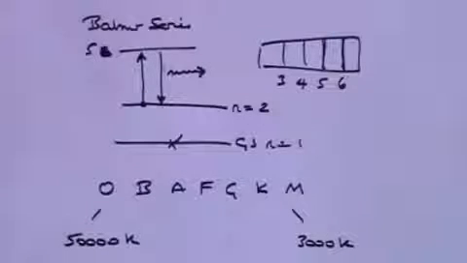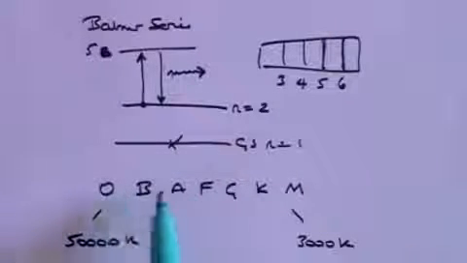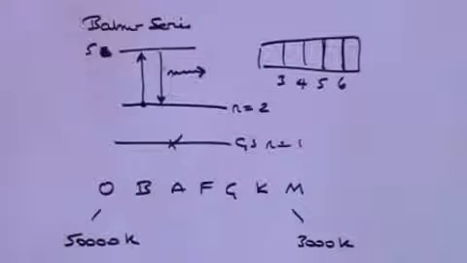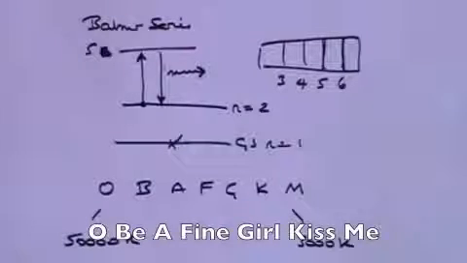Now, like most exam students, you want a mnemonic that will help you to remember this order, and the standard politically incorrect mnemonic is "Oh, be a fine girl, kiss me," or if you prefer, "Oh, be a fine gentleman, kiss me."